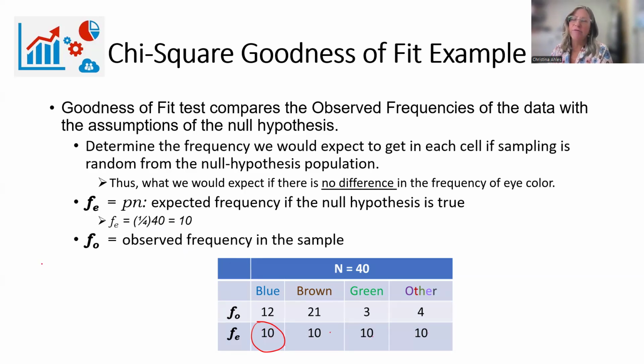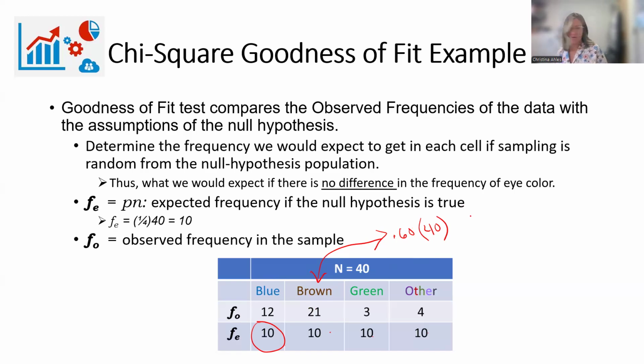Now, if for some reason it was said that in the regular population 60% of the people have brown eyes, then I would do 0.60, 60% of 40, to go into the brown eye category. Once you get that, you would put that number in there.